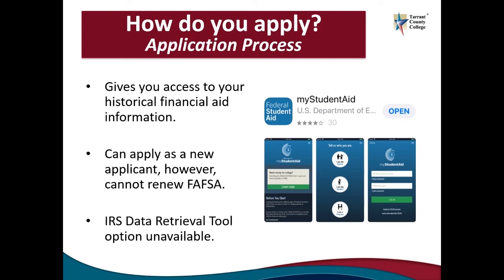At this time, a renewal student is not able to renew their FAFSA online, and you're not able to use the data retrieval tool option, which we will go over in a minute also. But this is a very useful app for you to have on your phone to keep up with your financial aid to make your future decisions.